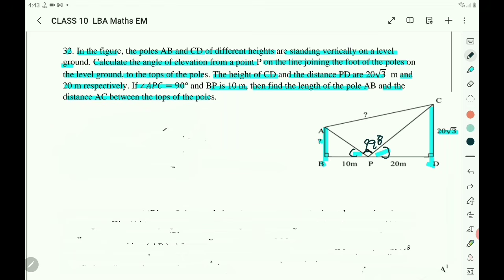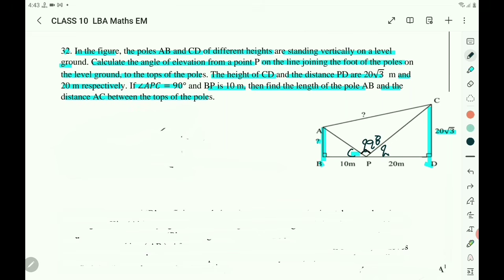First, here AB is not given, but here CD is given. This angle can be found out by using the given two sides PD and CD. CD and PD are known. Then for this angle, the CD becomes the opposite side and PD becomes the adjacent side. Therefore, we have to use the trigonometric ratio with the opposite side by adjacent side, that is tan theta. So let us take tan CPD.